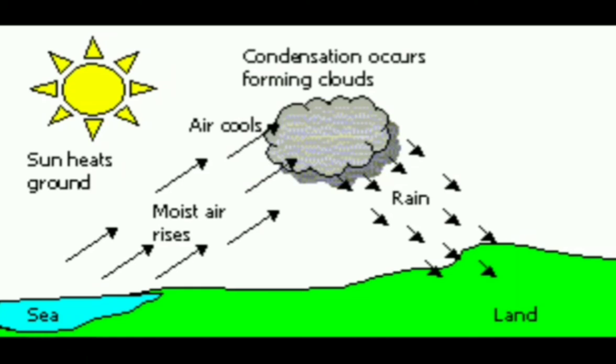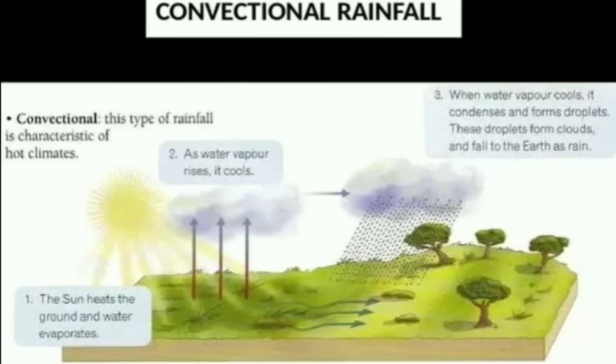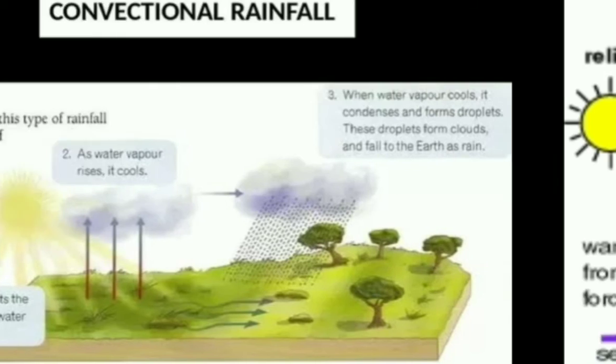You can see the sun heats, then moist air rises, then condensation, then rainfall. In convectional rainfall, the sun heats the ground and water vapor evaporates. As water vapor rises, it cools. When water vapor cools, it condenses and forms droplets. These droplets form clouds and fall on the earth as rain.